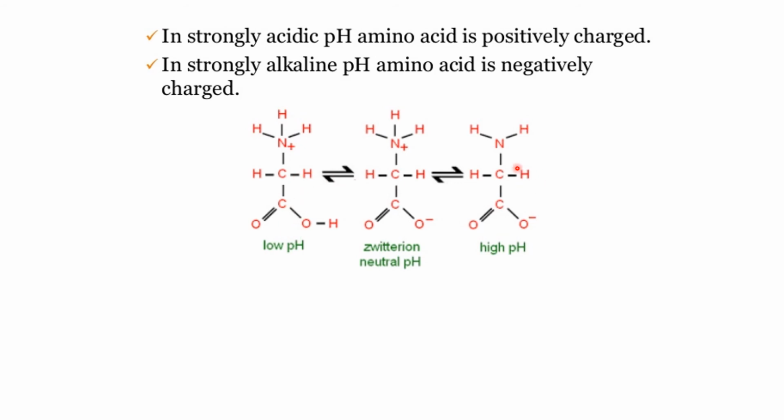In strongly alkaline pH, where you have less amount of H+, it is negatively charged. It means the amino acid is a negatively charged species. But the one in which you have both positive as well as negative, that form of amino acid is called the Zwitter ionic form.